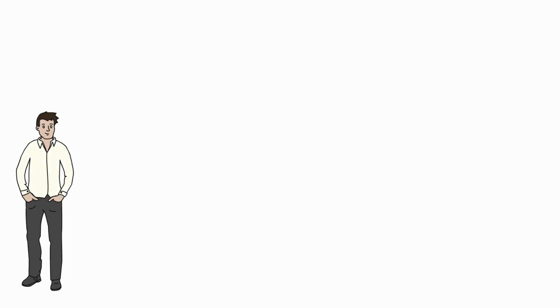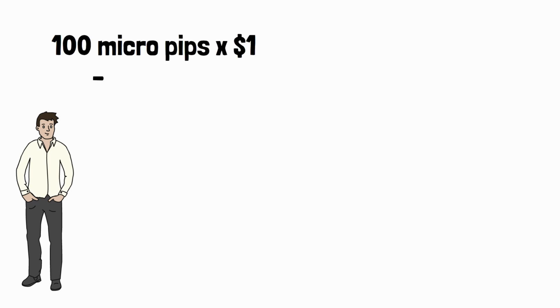We're going to still use the same distance of the 100 micropips, but this time instead of multiplying it by 0.01, we're going to multiply it by 1, and at this time you'll be risking $100, so now you stand to lose $100, but on the flip side you stand to gain $300.